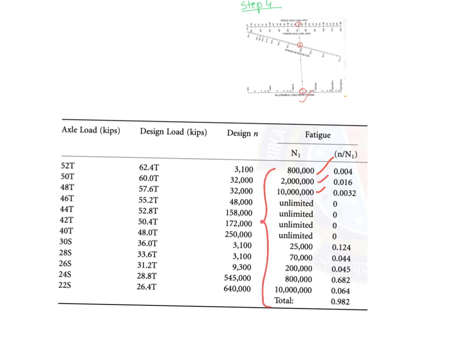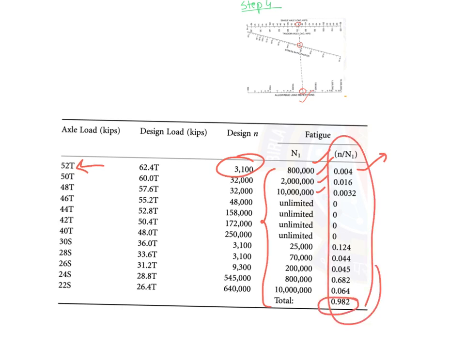Now the next step will be to estimate the value of n upon N1. Small n is already given to you, capital N, that means the allowable number of repetitions, you have estimated. Just take the ratio, you will be able to calculate n upon N1, that means the damage due to that class of load, and take the summation of this damage.